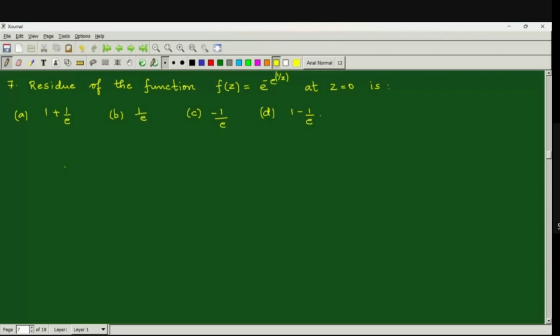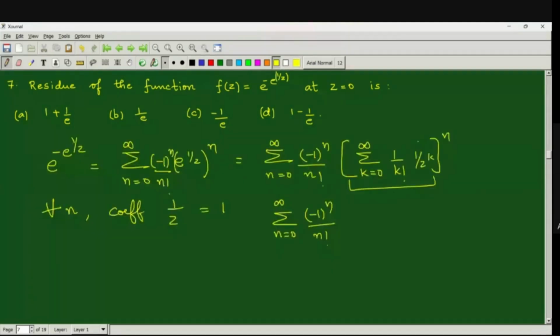Yes, you can continue. There is no problem. Ma'am, are you writing something on the board? Yeah, now it is visible. Yes, Sneha, now it is visible.